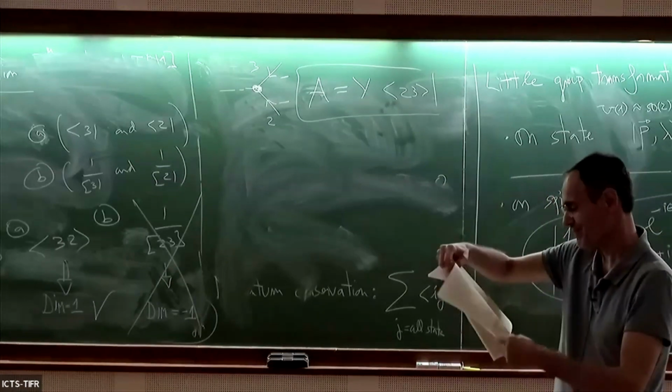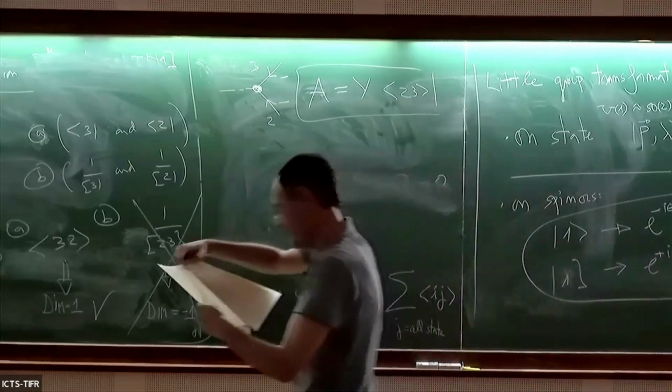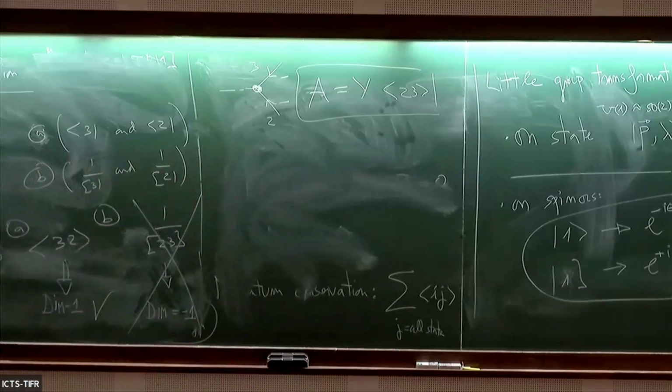I was missing a page in the previous one, so I skip. It always takes me longer. It has to do with the fact that if I go to real momenta, you can show that this amplitude has to be 0.